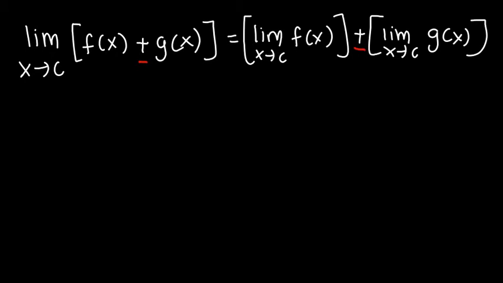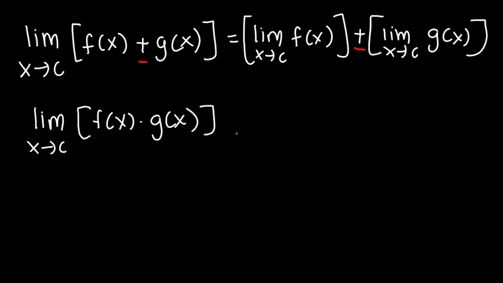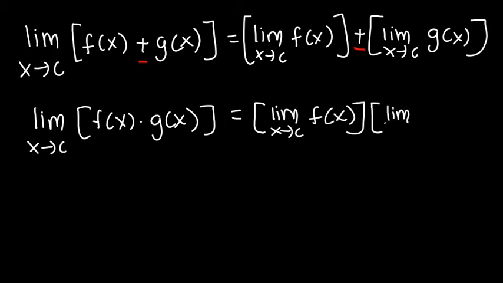And now for the product rule. So the product rule states that if we have the limit as x approaches c of f of x times g of x, then this would just be equal to the limit as x approaches c of f of x times the limit as x approaches c of g of x.